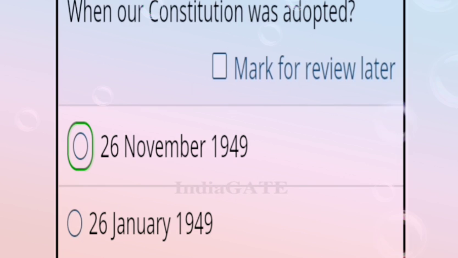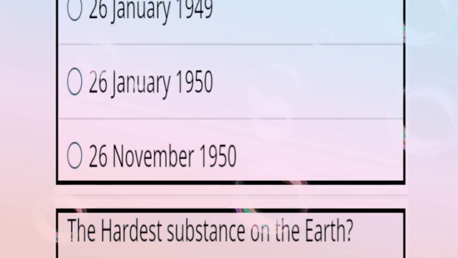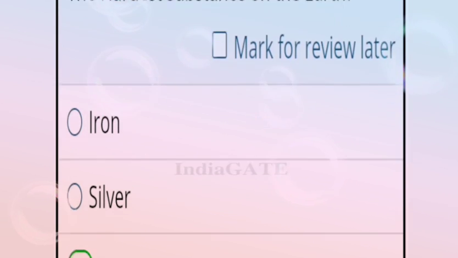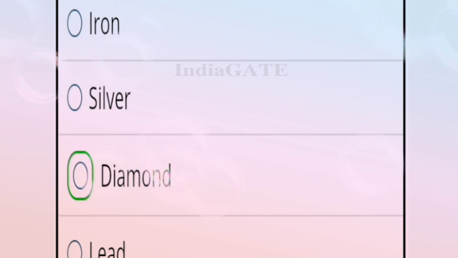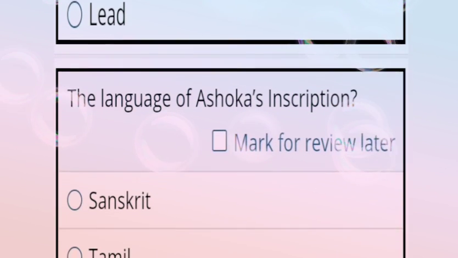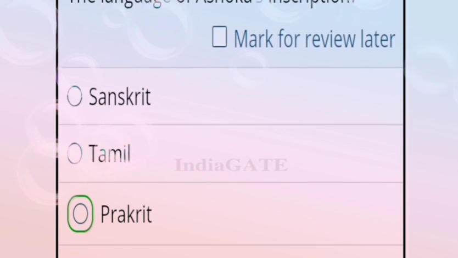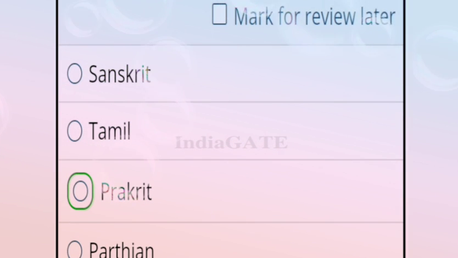So the correct answer is option A, 26 November 1949. Next question, the hardest substance on the earth? So the correct answer for this question is option C, diamond. Next question, the language of the Ashoka inscription? So the correct answer is option C, that is Prakrit.